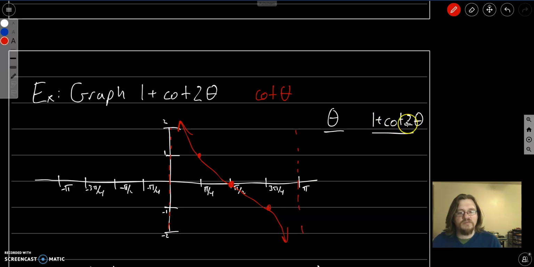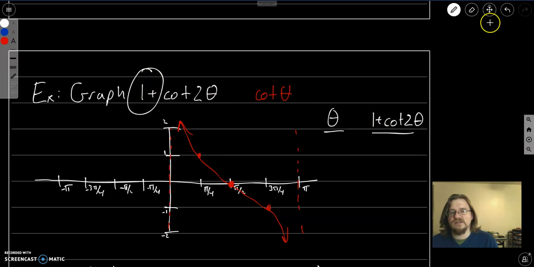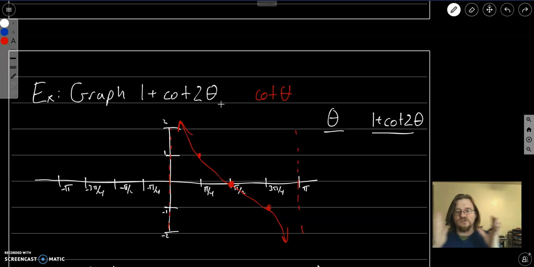And 1 plus cotangent of 2 theta, what will happen is if I'm adding 1 to a function, I'm just going to shift the entire thing up 1. But also, we have cotangent of 2 theta, and if I have 2 theta in here, our function is going to shrink down.